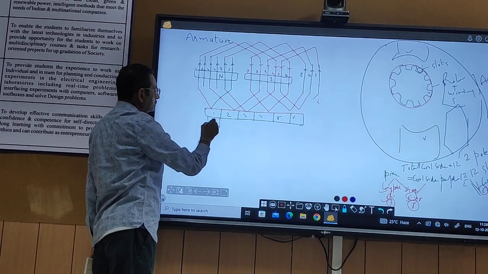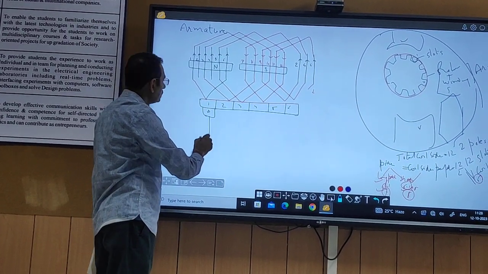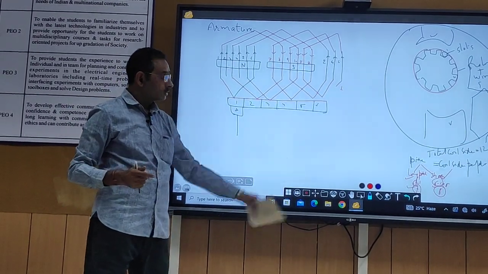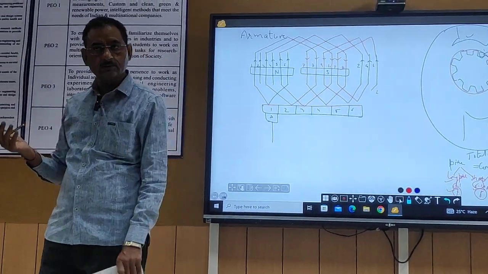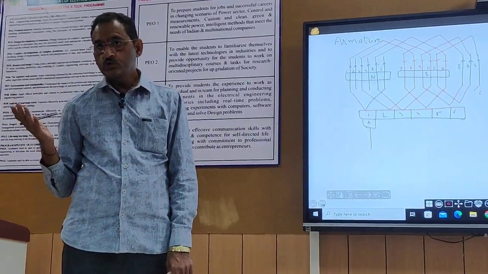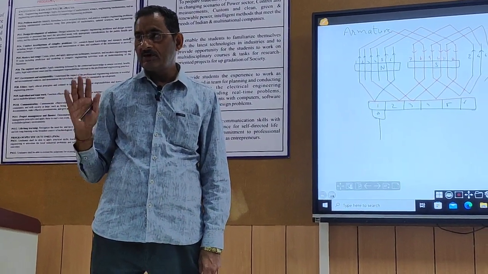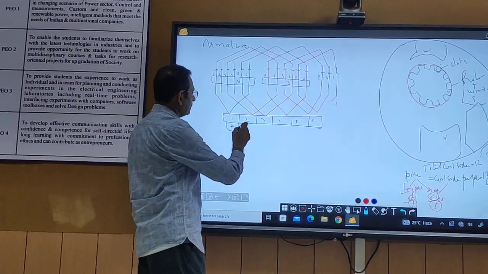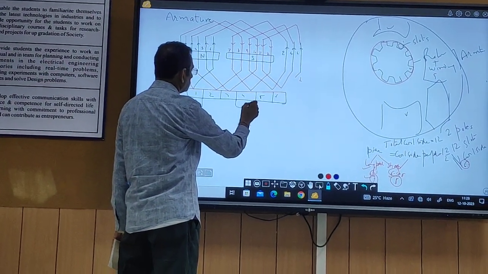Let here be a positive brush, and the total number of brushes will be 2. The total number of commutator segments is 6, so 2 are connected, 4 are the balance, and between the 2 brushes there will be 2 segments.